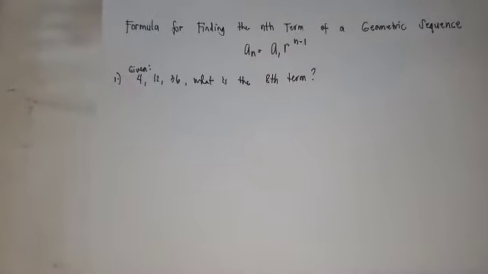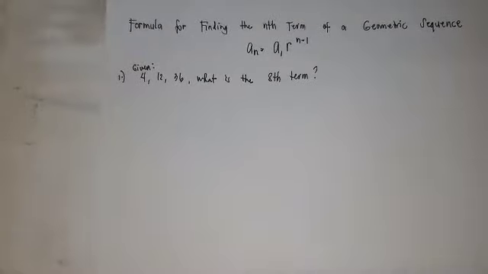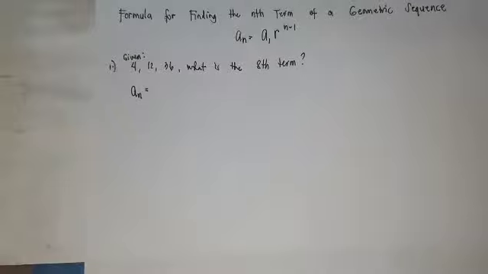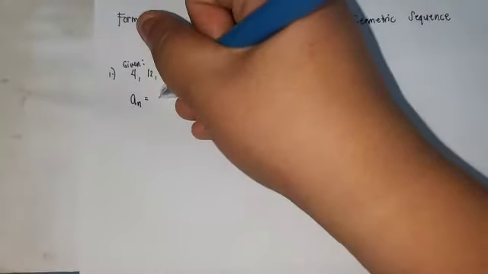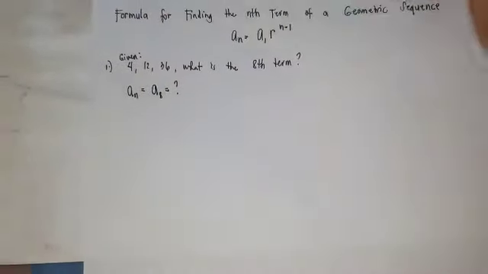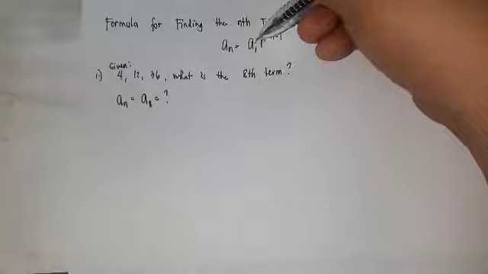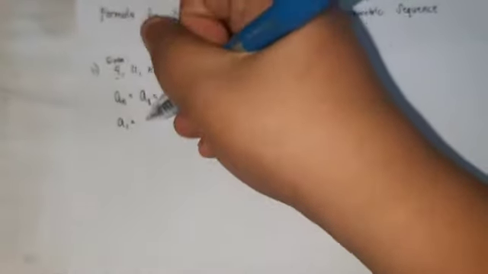Let's first identify the ingredients of our formula. Let's have your a sub n. Your a sub n is the term that we are looking for. We are looking for the 8th term, so that will be represented by a sub 8, which is the question mark. Next, your a sub 1, your first term, that will be 4.